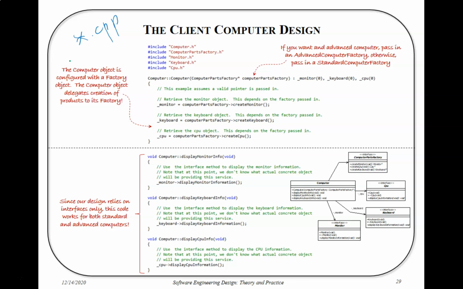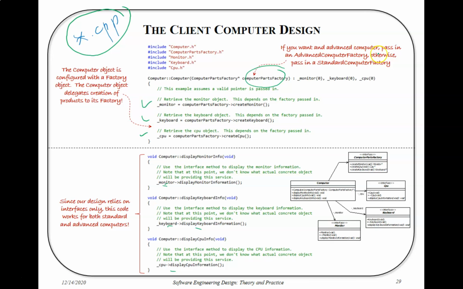The implementation is in the .cpp file here. So if you see here, display monitor will take a monitor object as a reference, then display monitor information. Keyboard will display keyboard information, and the CPU will display the CPU information. Because this object comes from here, the parameter is passed by reference.